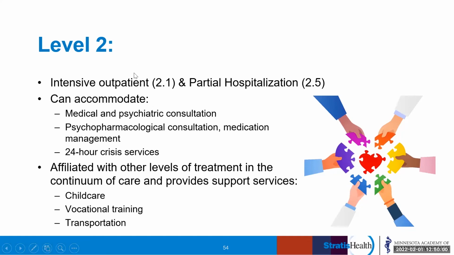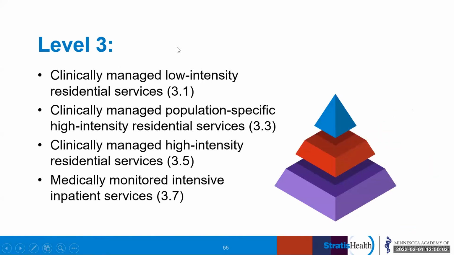Sometimes, and well, I'll leave that till the end actually. So level 3, you can see, is broken down into 4 different structures: clinically low intensive, high intensive, very high intensive, and then medically monitored. What this means is the different types of inpatient place you might be sending a person to have different amounts of specialists.